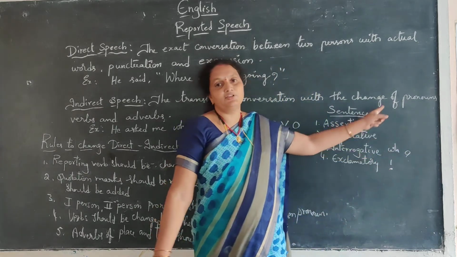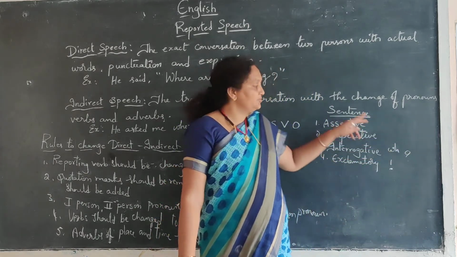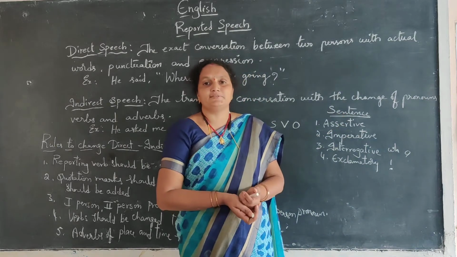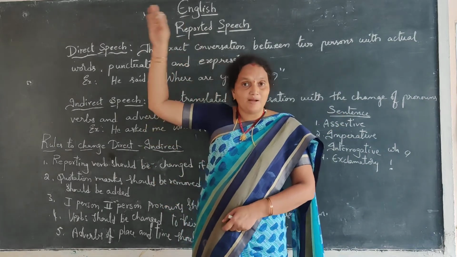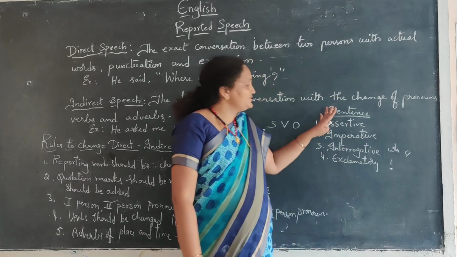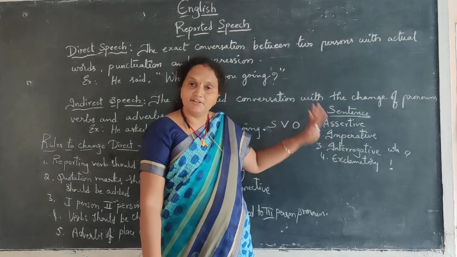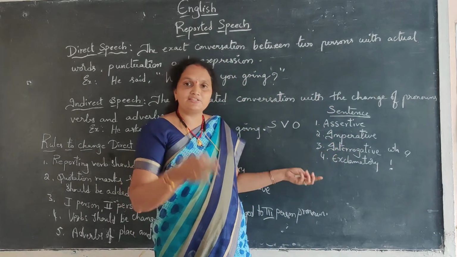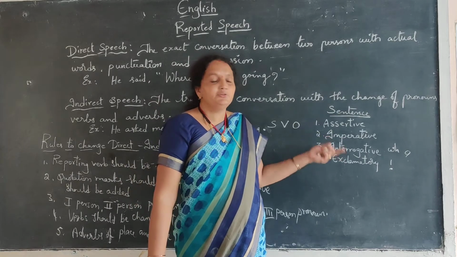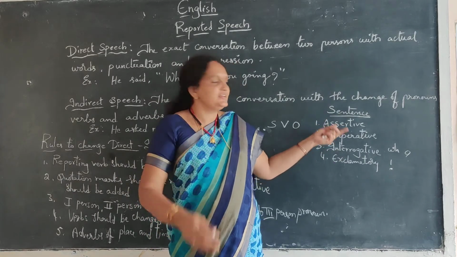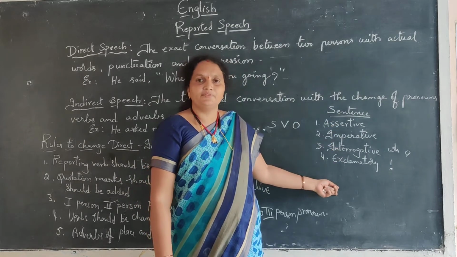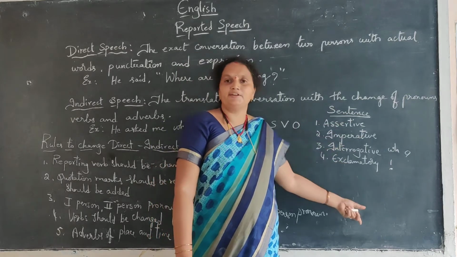Here, exclamatory. And these two use full stops. So these are the four types of sentences. In the whole vocabulary of English, we use only these four types of sentences. If you open your textbook and start dividing, you can divide all the sentences into these four only.